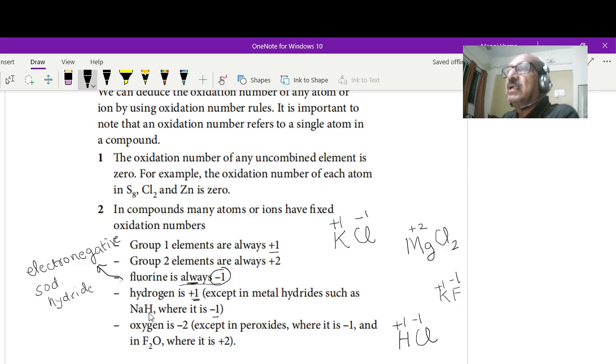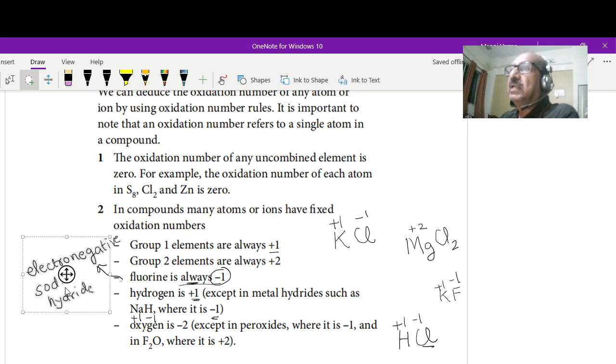Hydrogen here becomes -1, and sodium is +1. So when hydrogen is combined with a non-metal, hydrogen is +1, and when it is combined with a metal like sodium, hydrogen is -1. I think you understood what I tried to explain.